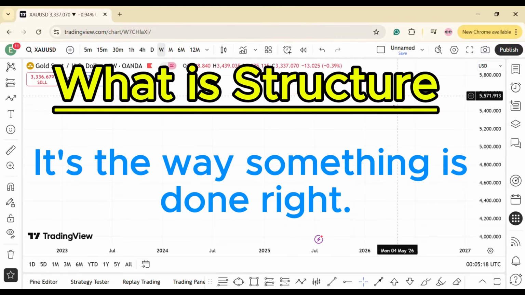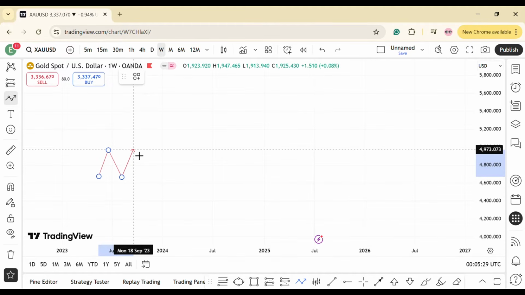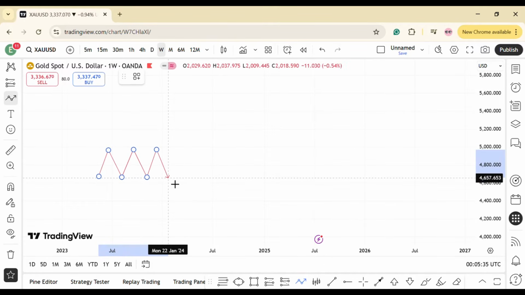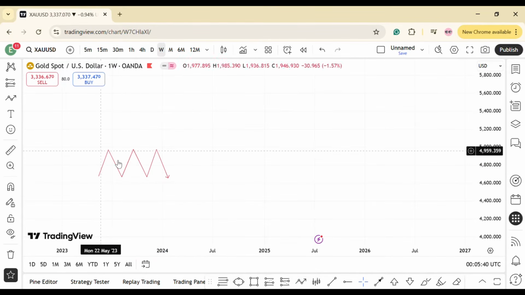Now, when it comes to the market, this is structure. Then the market creates moves like this to create key levels. All these are your key levels, and these are your key levels.